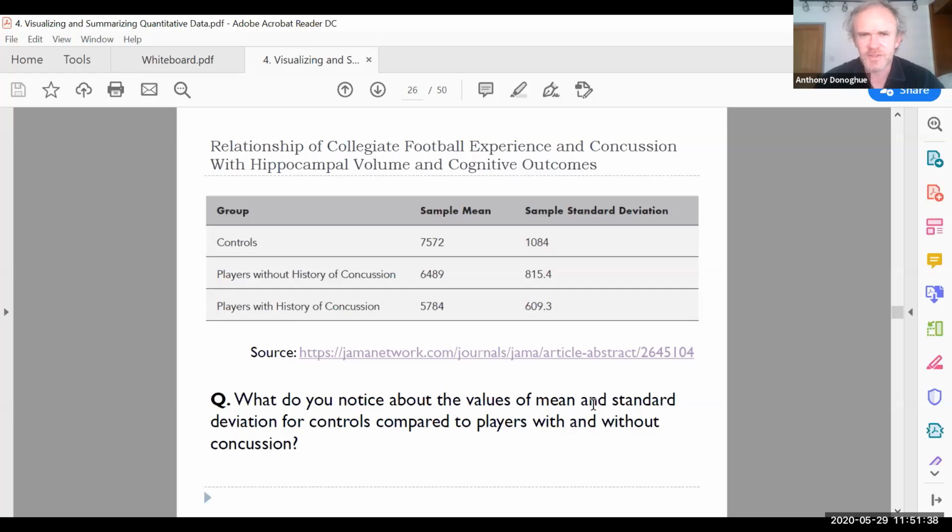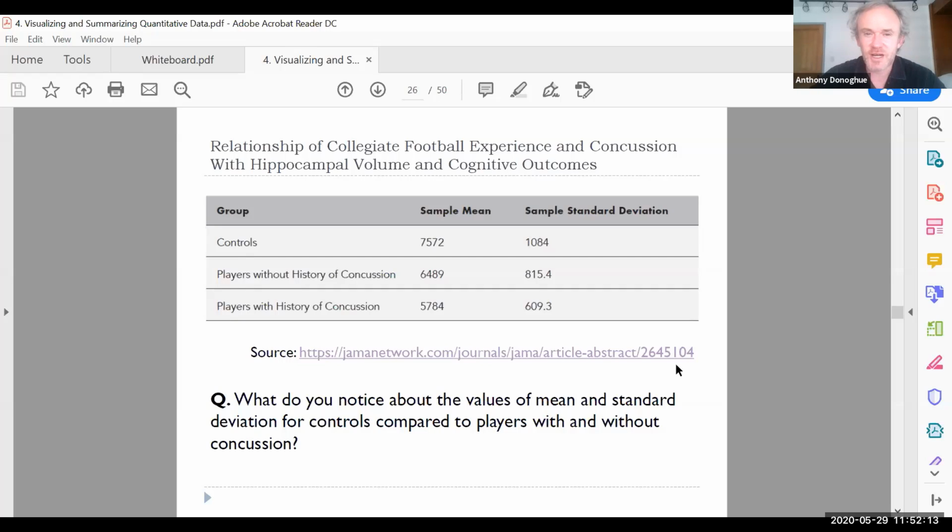We'll look at a box plot for this. But then summary statistics: means and standard deviations. The mean is a typical value, and the standard deviation is a measure of variability around that value. Can anyone say, out loud or in the chat, what you notice about the values of the means and standard deviations for the controls compared to players with and without concussion?